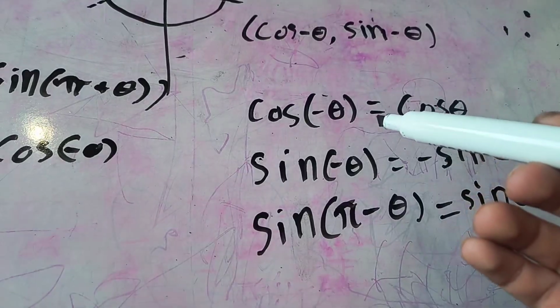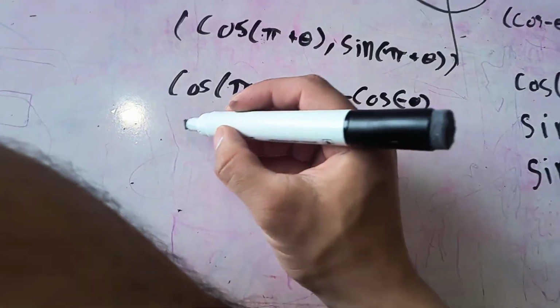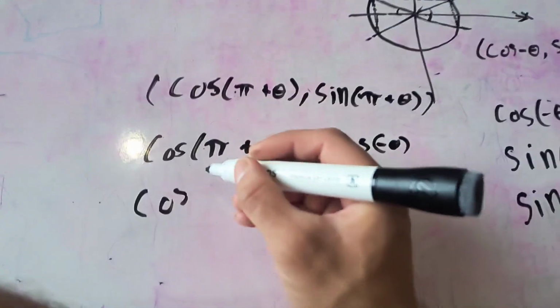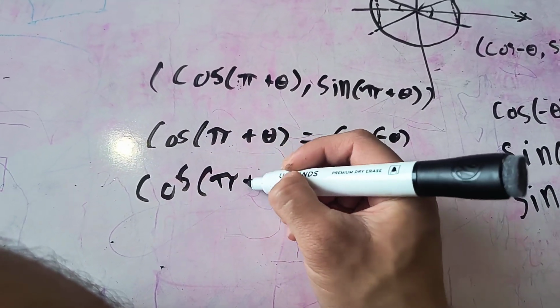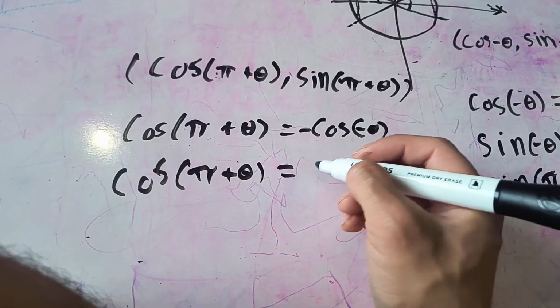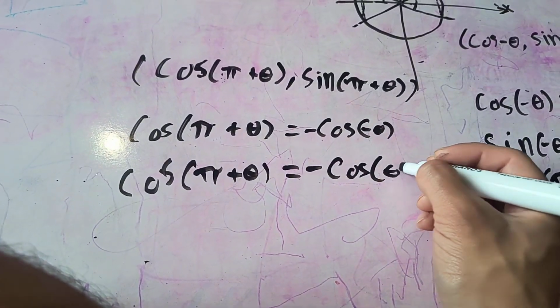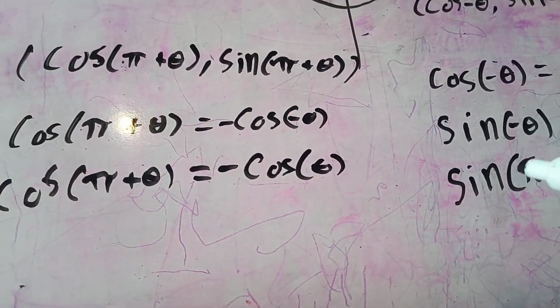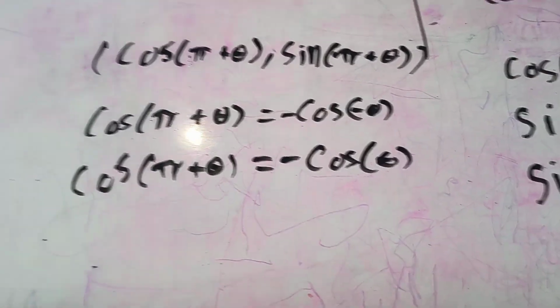But cosine of negative theta is equal to cosine theta, so cosine of pi plus theta is the same thing as negative cosine theta. So yeah, wow, interesting.